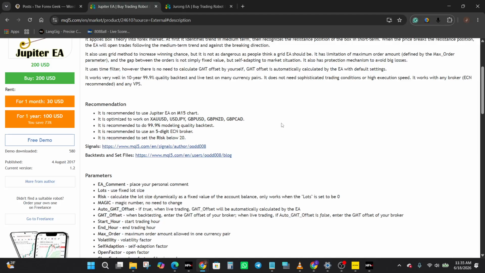Jupiter EA is recommended for use on the M15 timeframe and has been optimized for XAU USD, USD JPY, GBP USD, GBP NZD, and GBP CAD. The developer also recommends using a 5-digit ECN broker, keeping the risk setting below 20, and conducting backtests with 99.9% modeling quality.